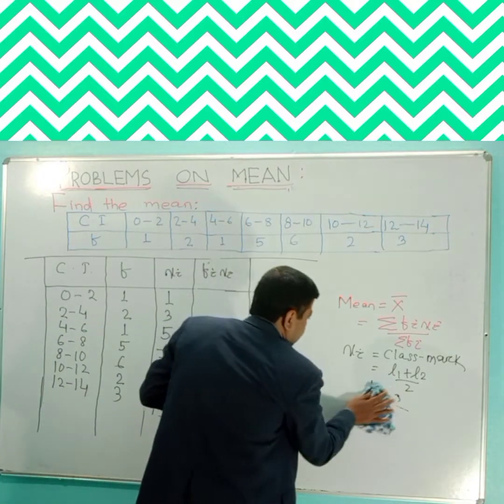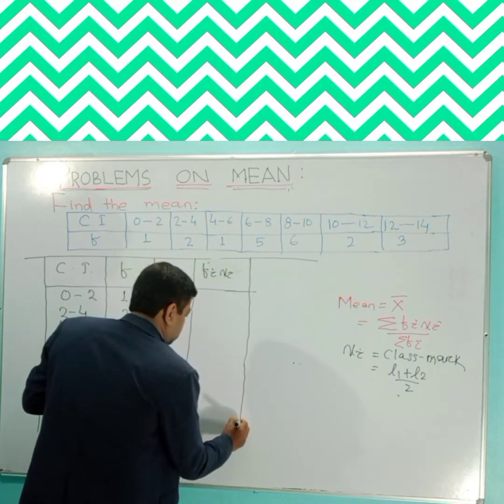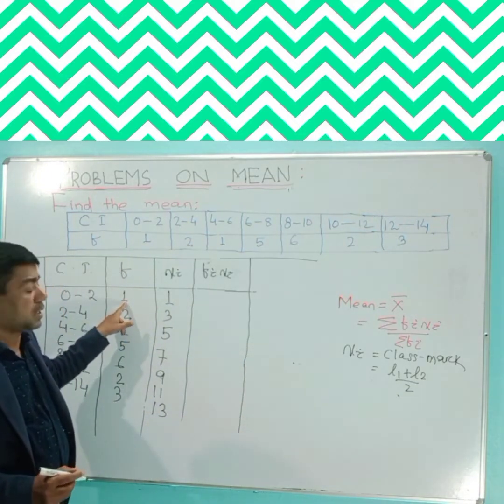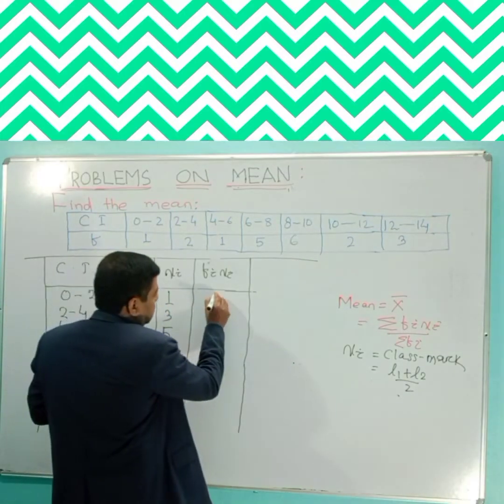Let us multiply. For the first class interval the frequency is 1 and the class mark is 1, so 1 times 1 is 1.